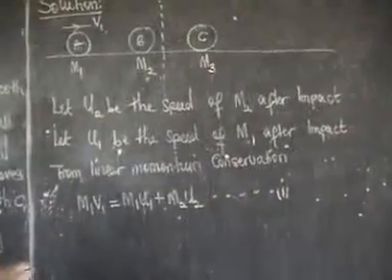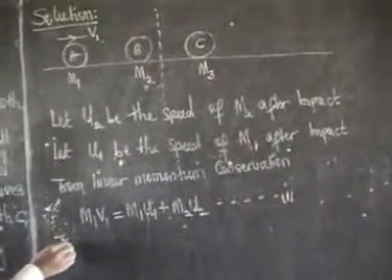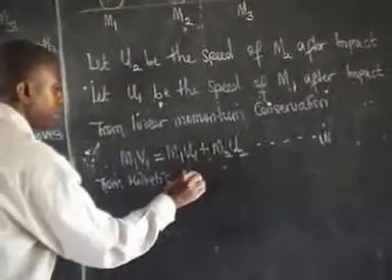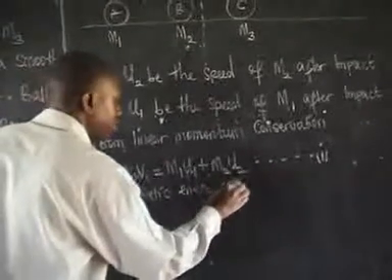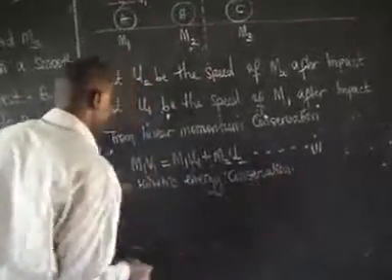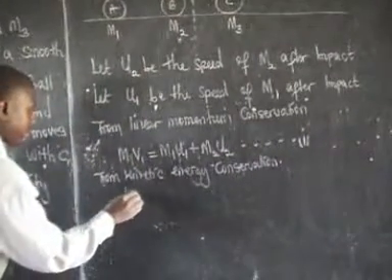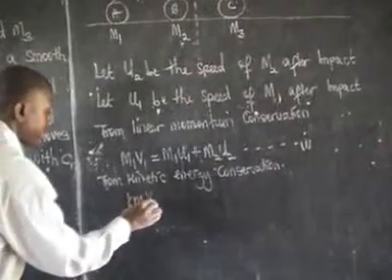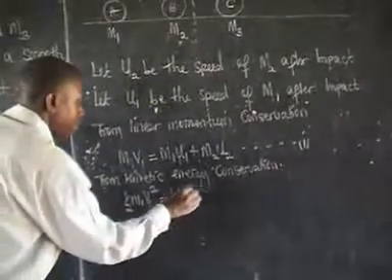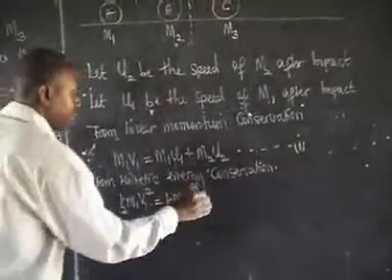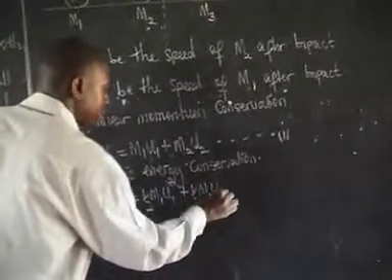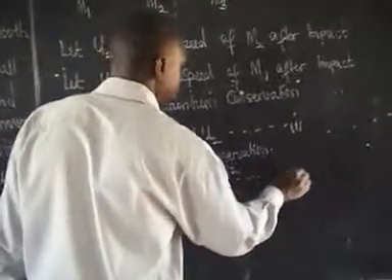Similarly, from kinetic energy conservation, we shall have a half M1 V1 squared being equal to a half M1 U1 squared plus a half M2 U2 squared. So let me call this my second equation.